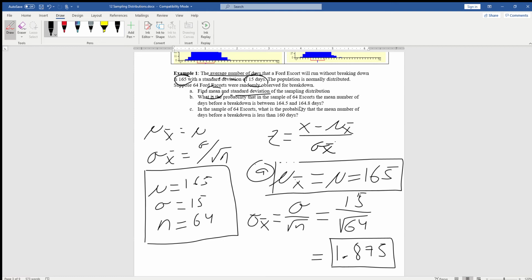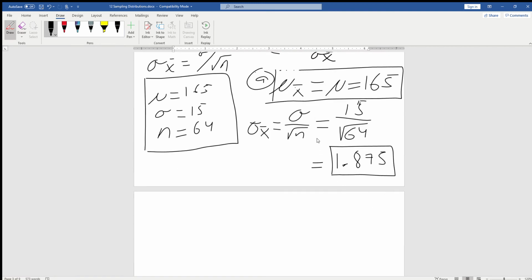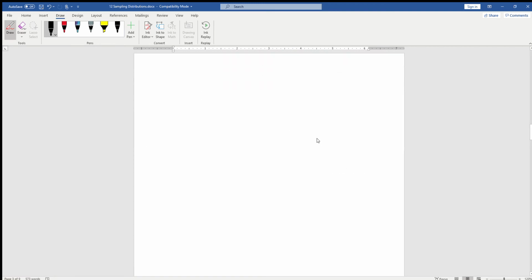Now for letter B, what is the probability in the sample of 64 Ford Escorts that the mean number of days before breakdown is between 164.5 and 164.8? All right, so what might be helpful is if we draw this, so that we can get an idea of what's going on. Remember, we're going to use a normal distribution.